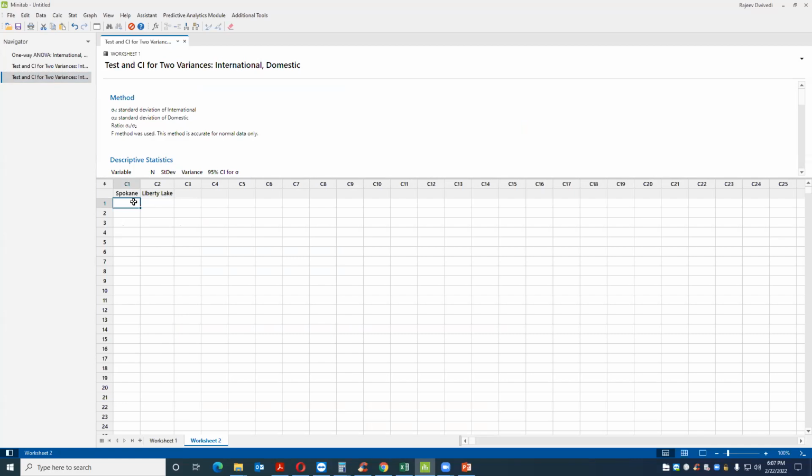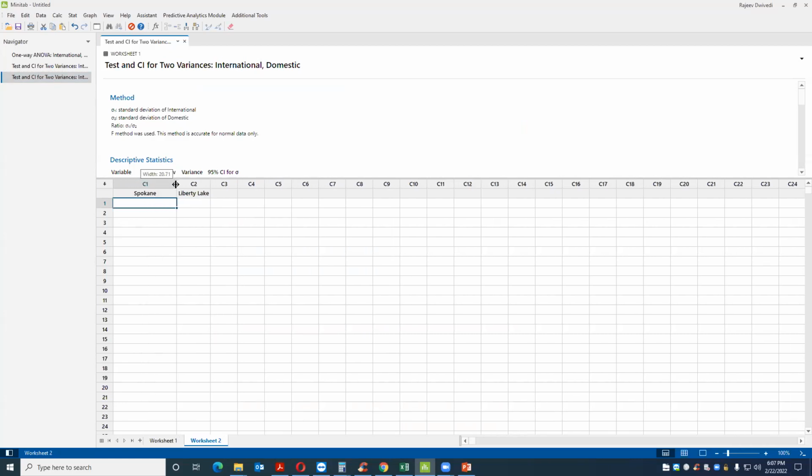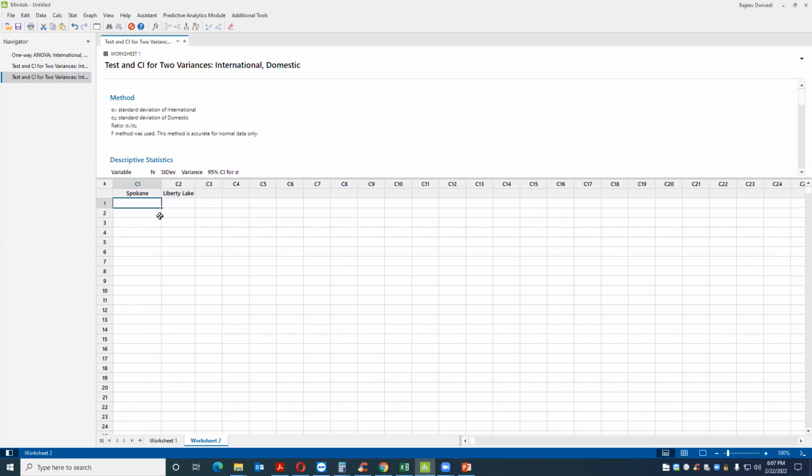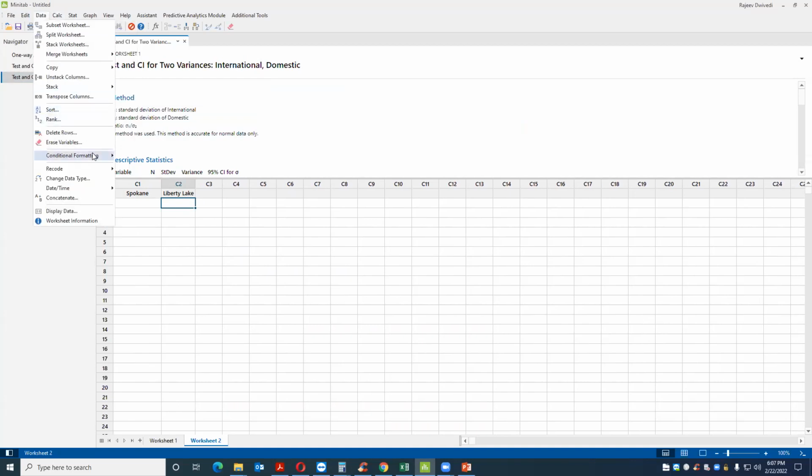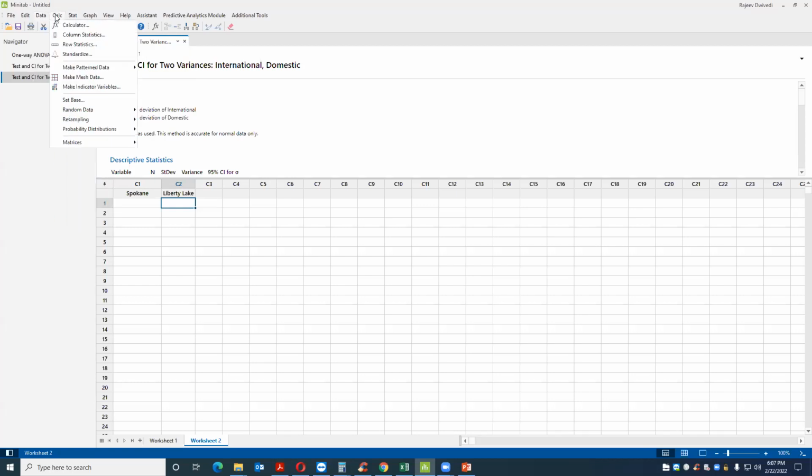For demonstration purposes, I'm just going to fill out about 30-40 housing prices as integers. So I'm just going to use Calc, Random Data, Integer.